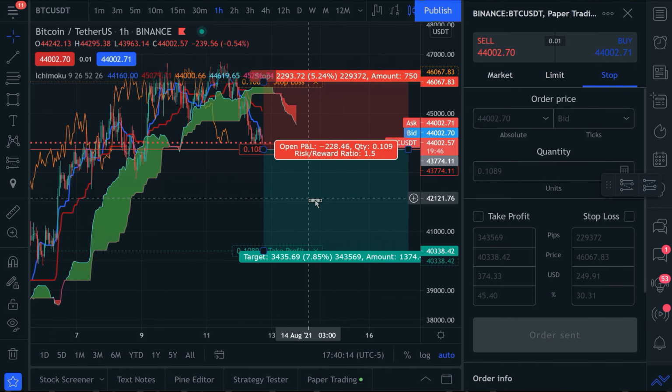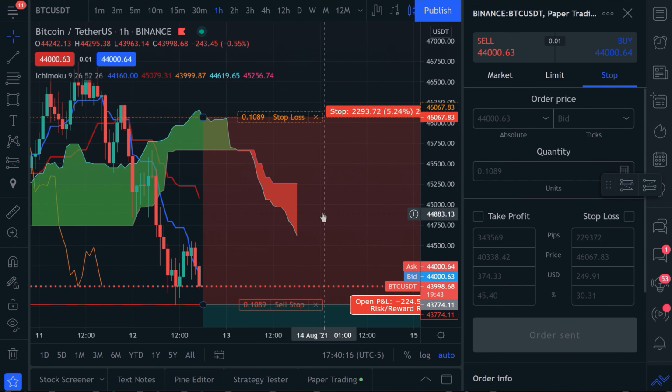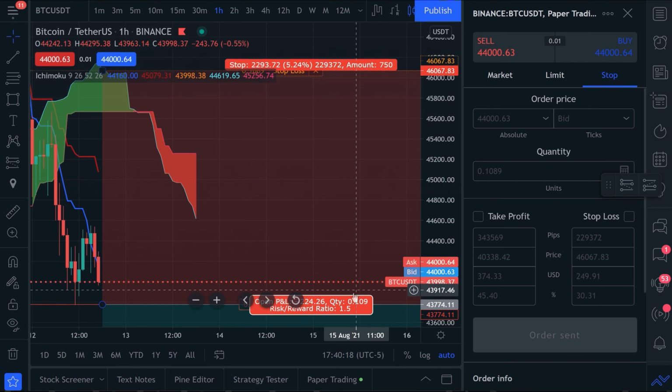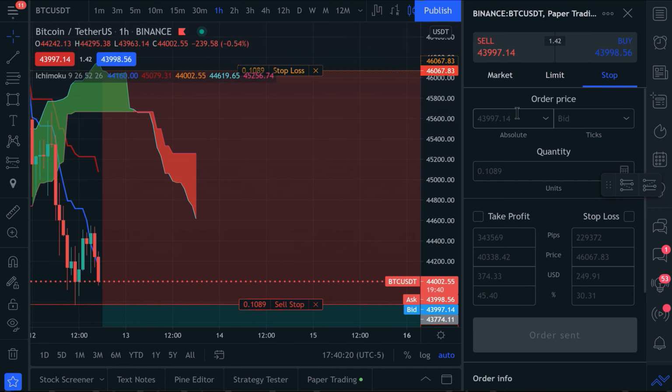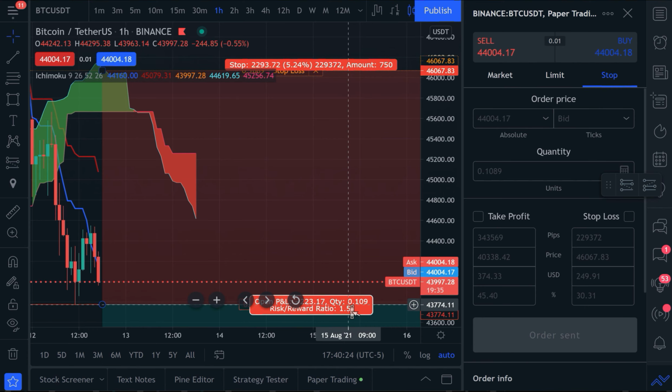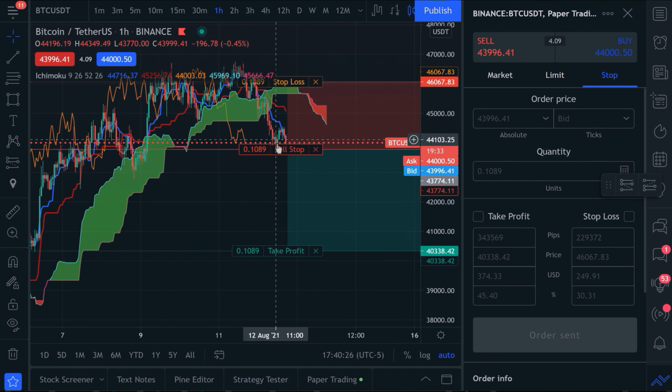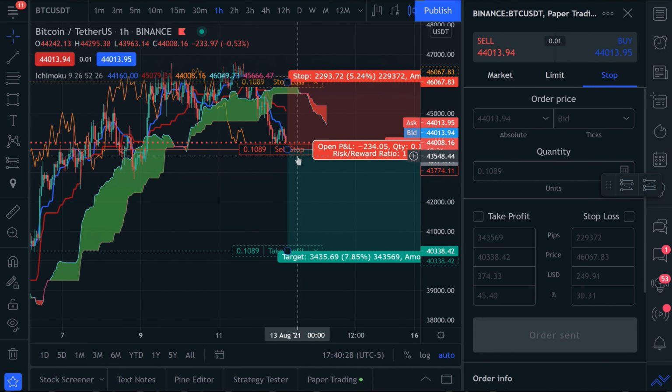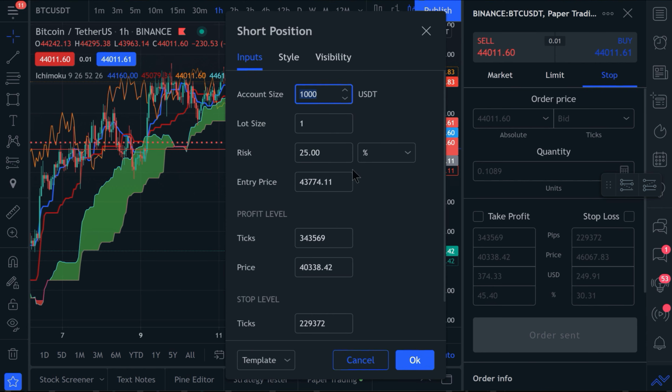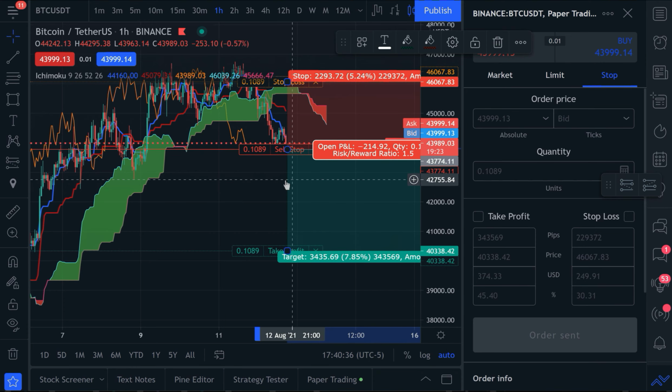So when the price of Bitcoin eventually reaches the 49, where I set the order, I don't remember, here it is, yes, 49,43774, it will activate a short.